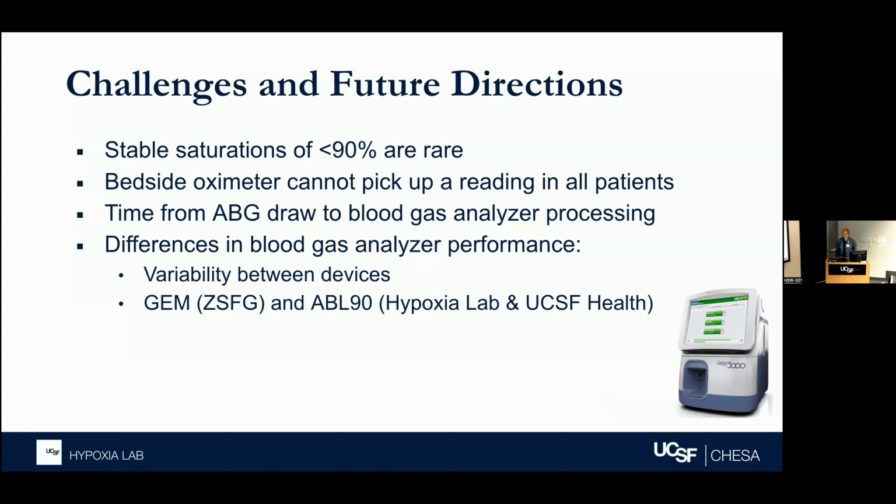We'd like to set up more rigorous studies to look at both the time between draw and processing, the variability in how those samples are handled, and also the devices that produce the data we're analyzing. Notably, at SFGH, we use the GEM machines, and here at UCSF Health and in the hypoxia lab, we use the ABL90. So we're actually poised to make some of these comparisons within our group.